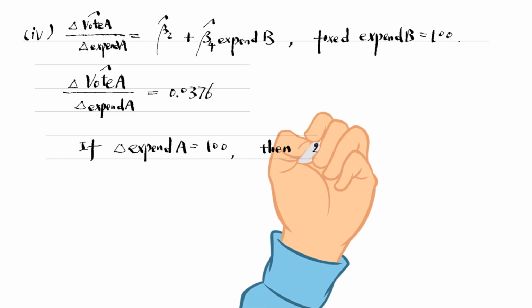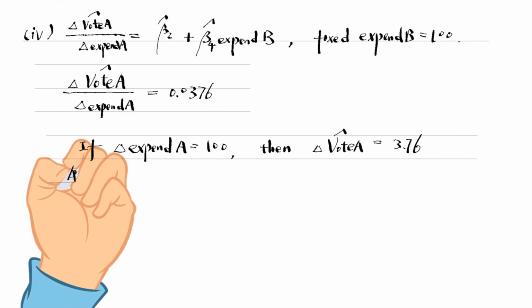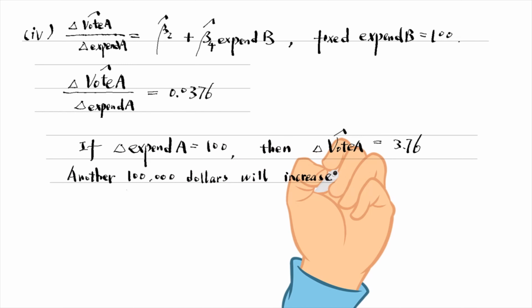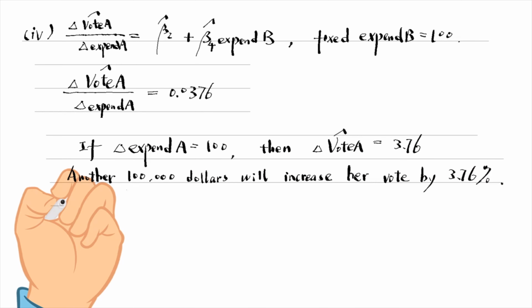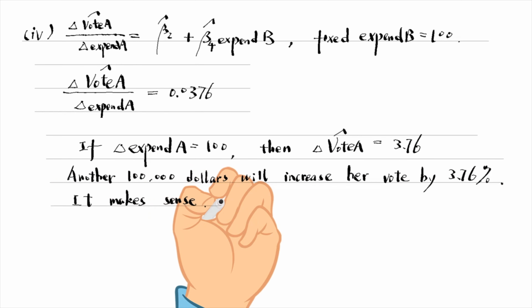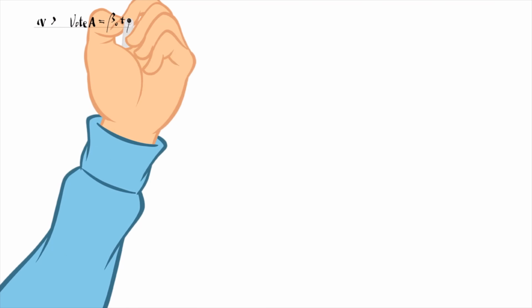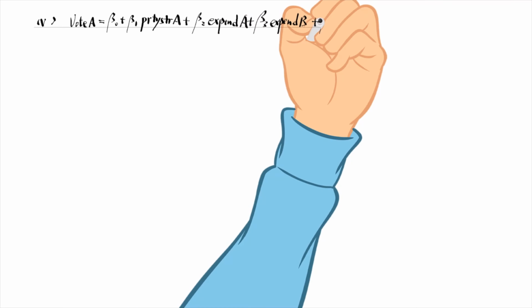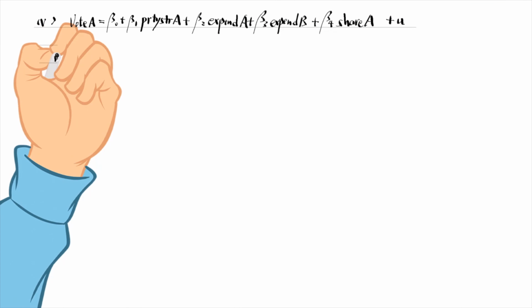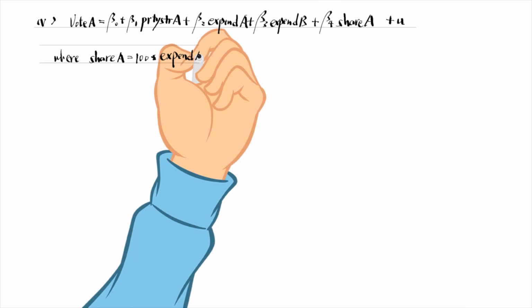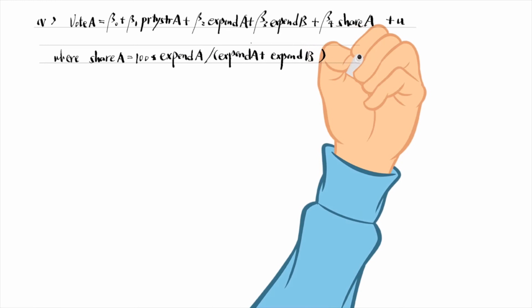Another 100,000 spending will increase her vote by 3.76%. It makes sense. In part 5, we replace the interaction with the share of A's expenditure. The share is a function of A and B's spending. It does not make sense to change the share while holding A and B's expenditures fixed.